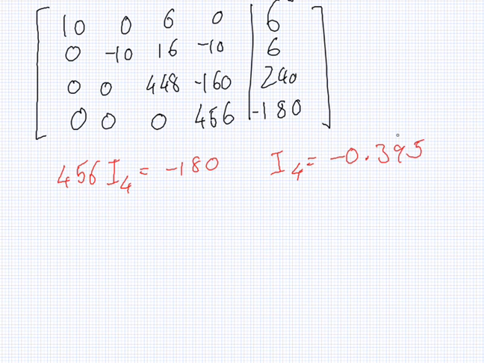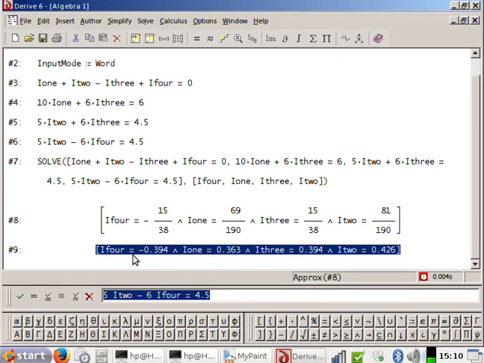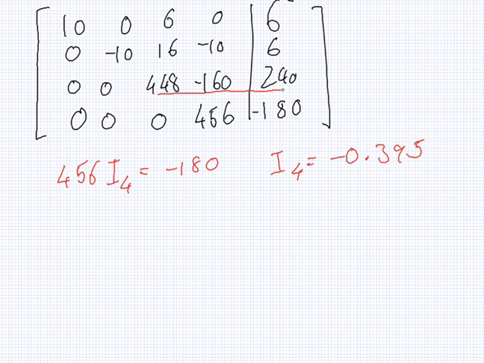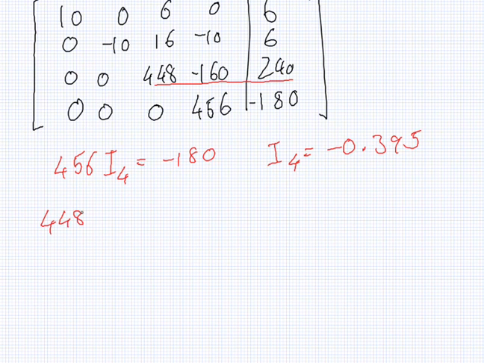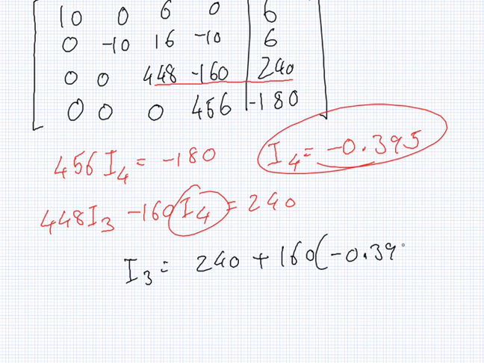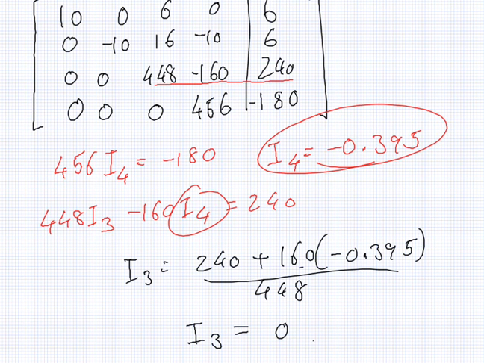Oh, nice. Because if I look at my answer here, what's I4? Minus 0.394. Alright, now if I look at this one, you have 448I3 minus 160I4 equals 240. But you know what the I4 is. So you get I3 equals 240 plus 160 minus 0.395 all over 448, which is... Did you really check it, or you just have confidence that I did it right?